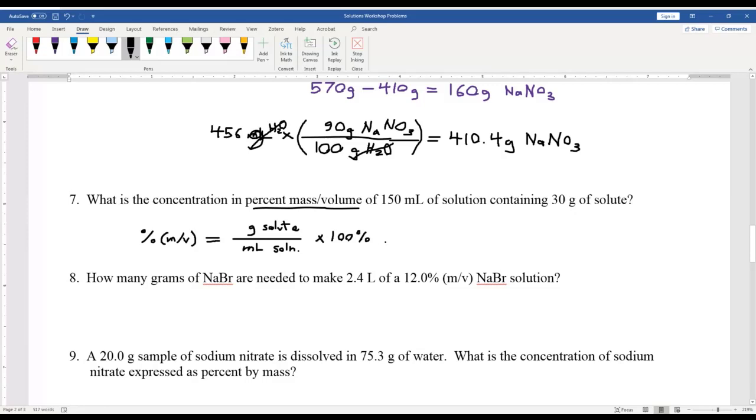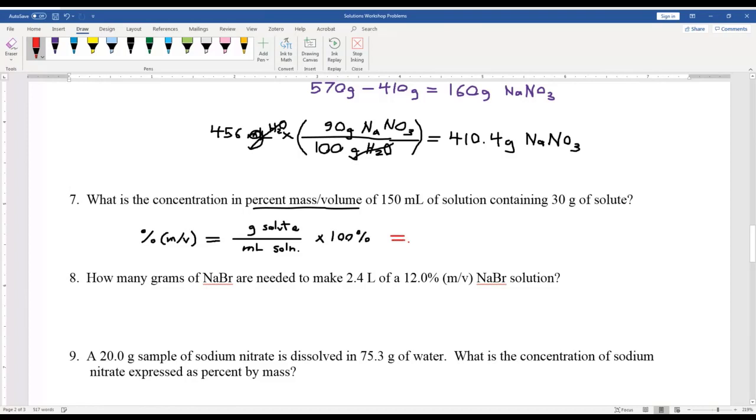Now this isn't a perfect percent because grams and milliliters are not necessarily interchangeable, but the mass volume percent assumes that grams and milliliters are close enough for the purposes of this calculation that they are almost interchangeable. So I would take this formula and simply plug in my information.